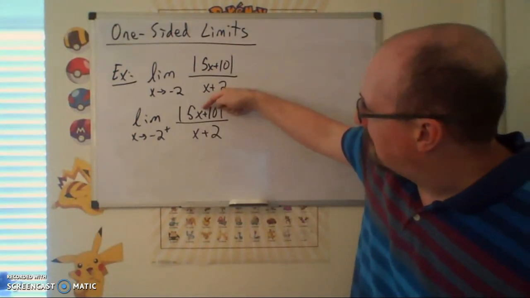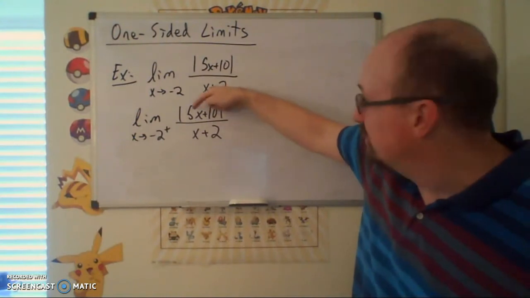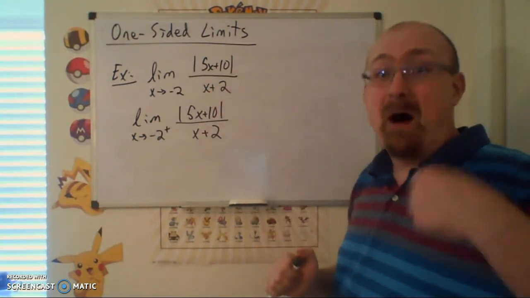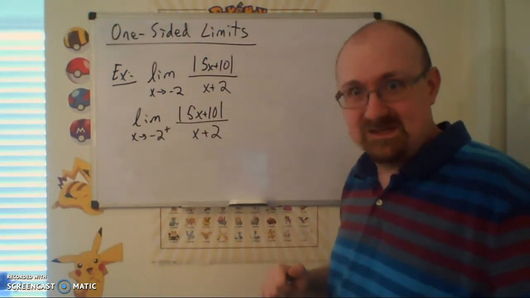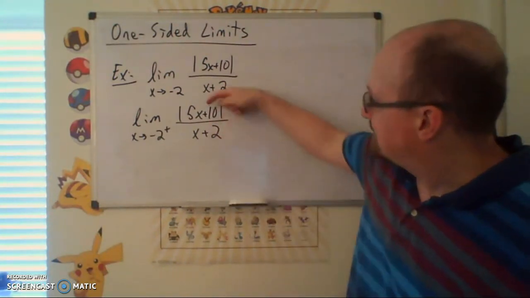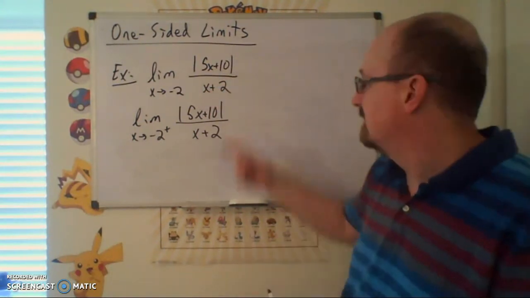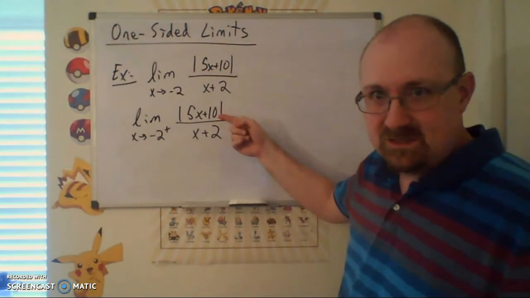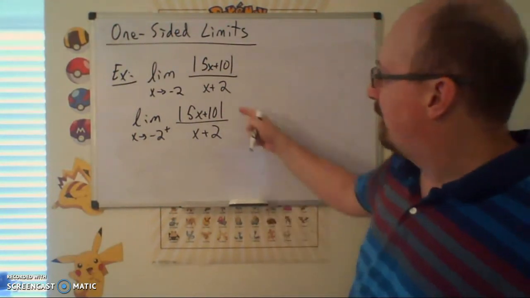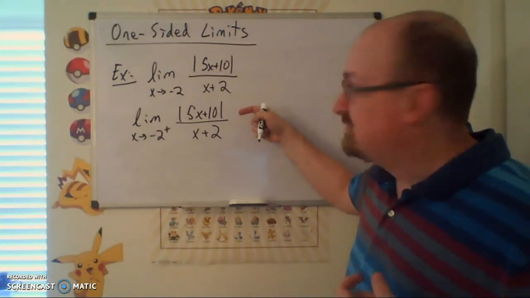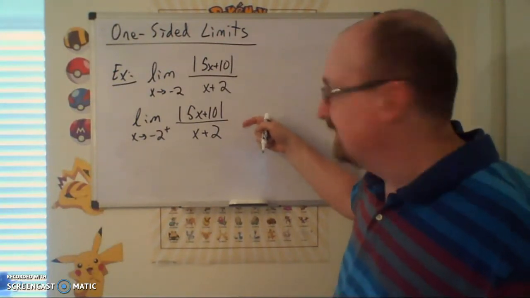You may notice if we plug x values like that into the stuff inside these absolute value bars, that is in fact a positive quantity up until we get to -2, because 5 times something that's bigger than -2 is not going to be less than 10. So that means we're dealing with the positive side of that absolute value division on our piecewise function.